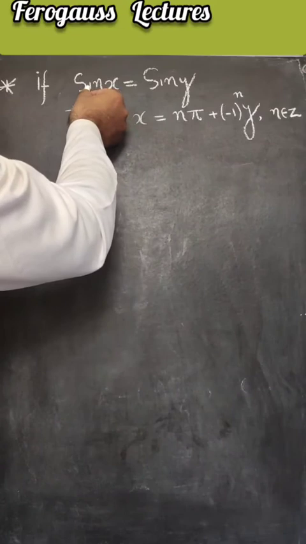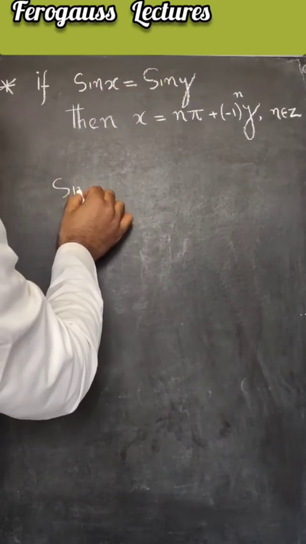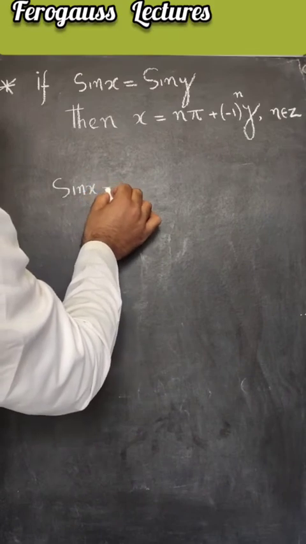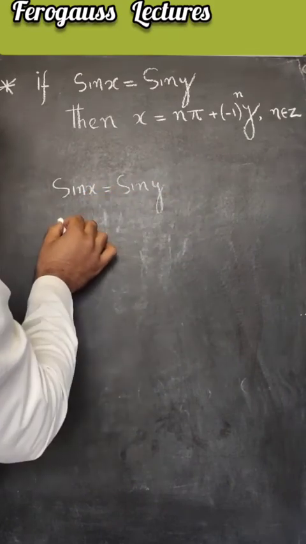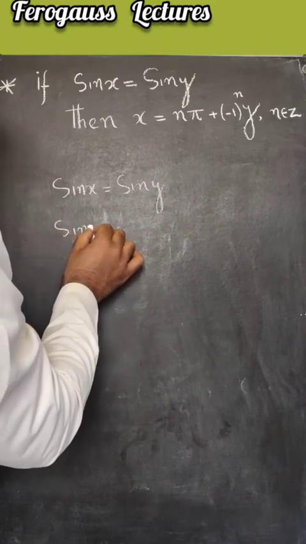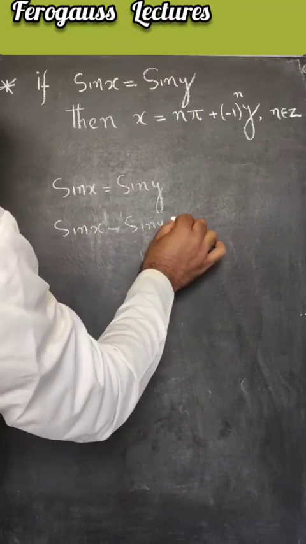So since we have sine x is equal to sine y, we write sine x minus sine y equal to 0.